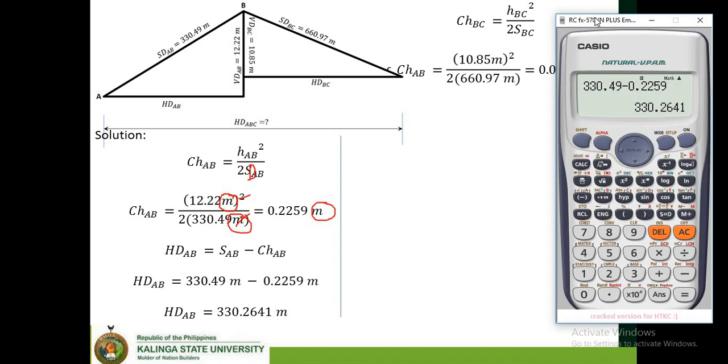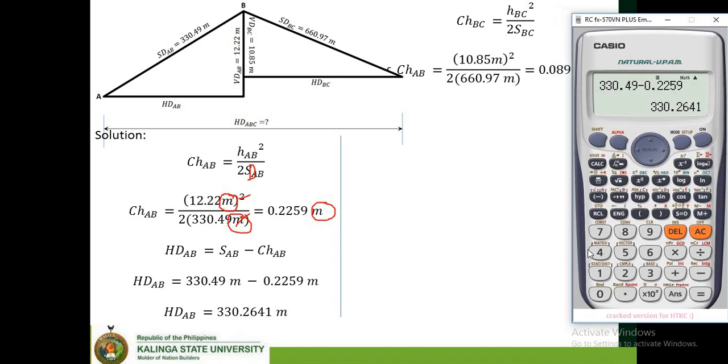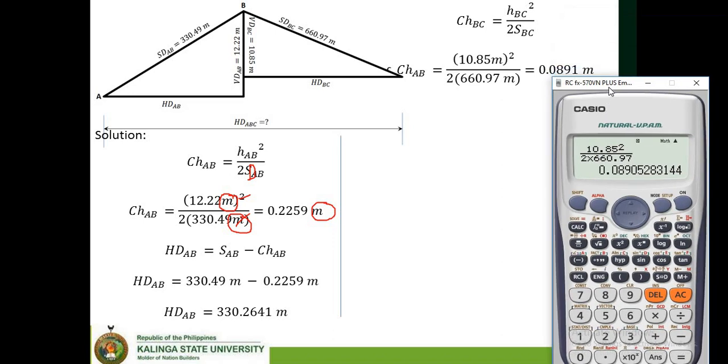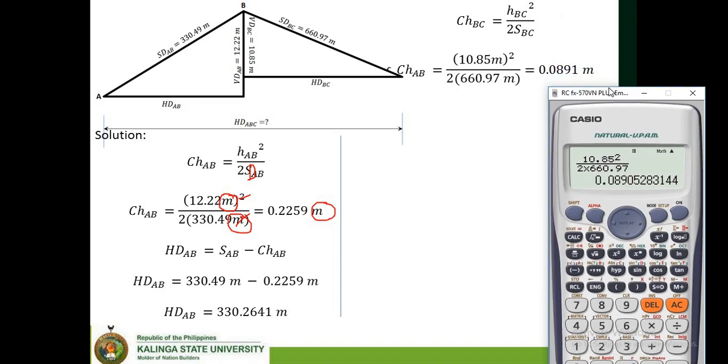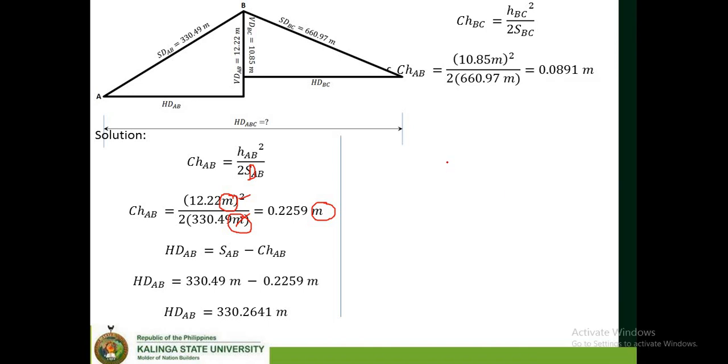So, if I'm going to input that in the calculator, 10.85 squared, divide it by 2 times 660.97, that is equal to 0.891 meters. I round that up. So, masosolve ko na sa HDBC, which is equal to 660.8809.